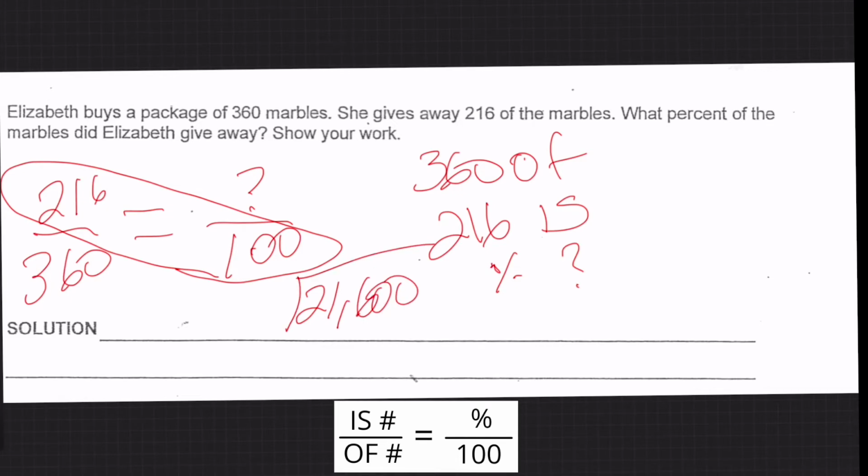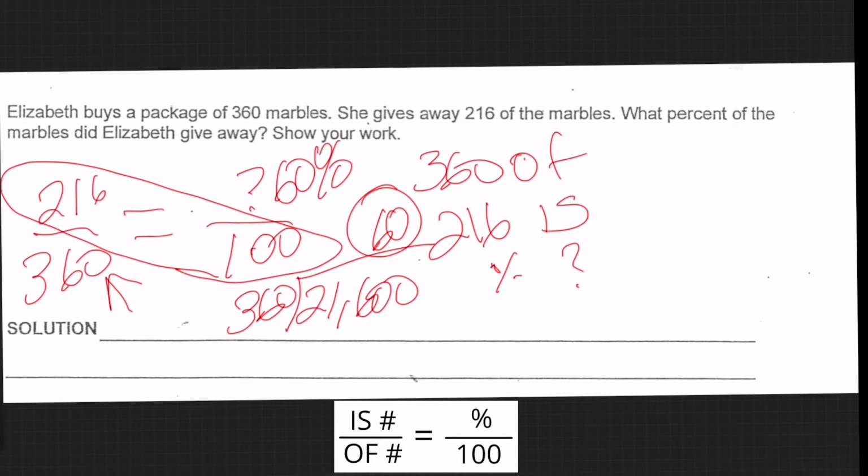Now, if we take our answer and divide it by the only number that's left right here, 360, we're going to wind up with 60. We can place that right here in the percent box, 60%. So we're saying to ourselves, if she has 360 marbles and she gives away 216, what percent did she give away? That percent should equal 60%. Let's test our work.